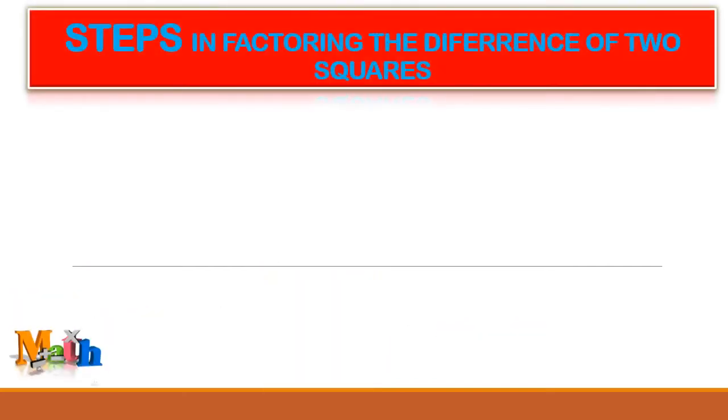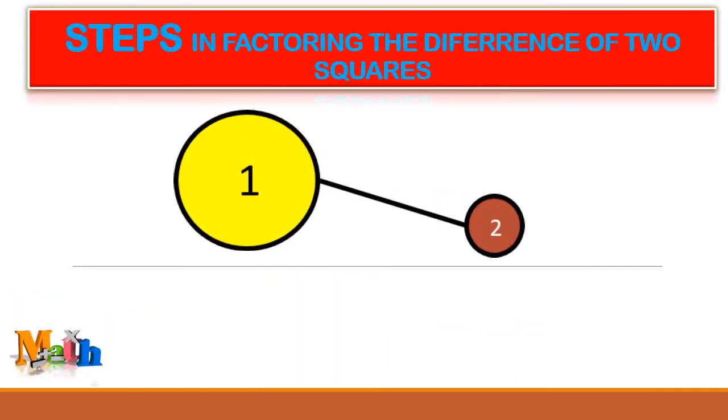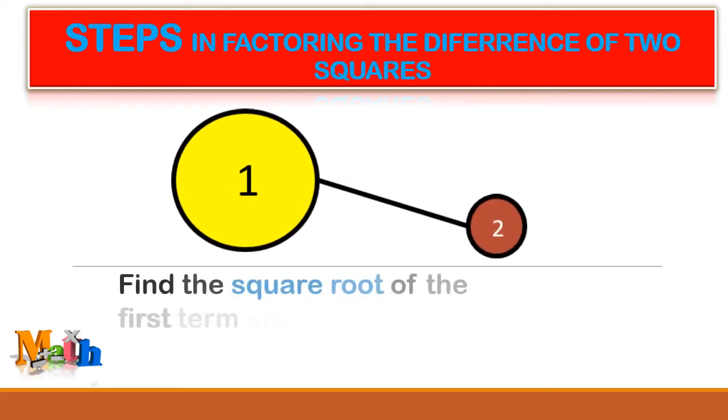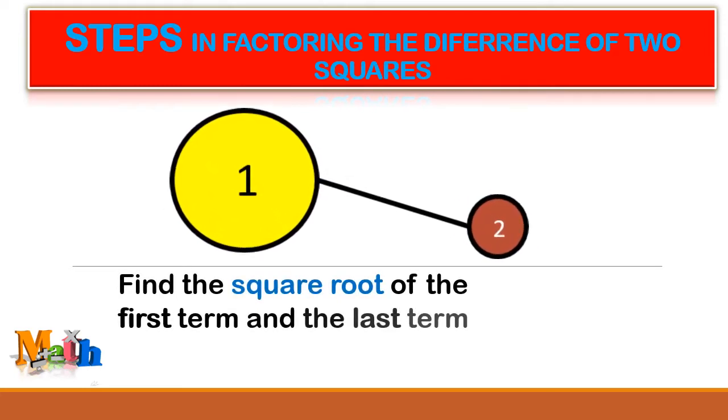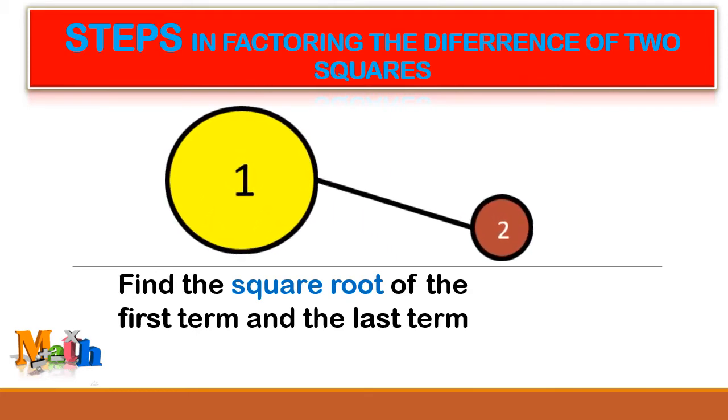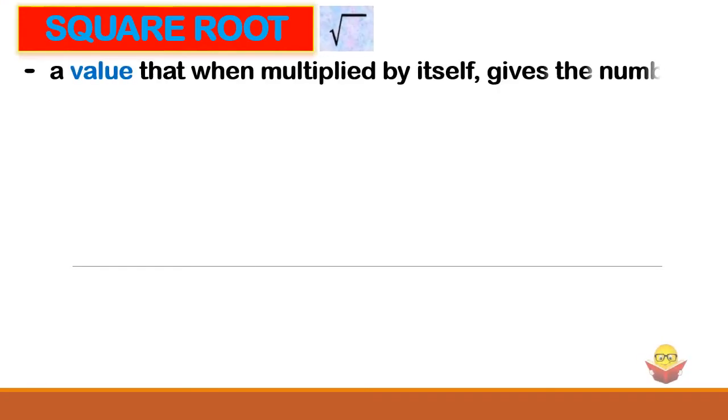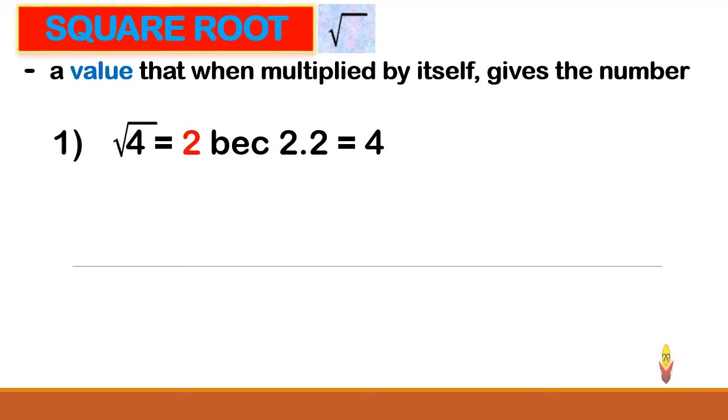How do you factor the difference of two squares? Step number 1, find the square root of the first term and the last term. So, what is the square root of a number? So, square root is a value that when multiplied by itself gives the number. So, say for example, we're getting the square root of 4.